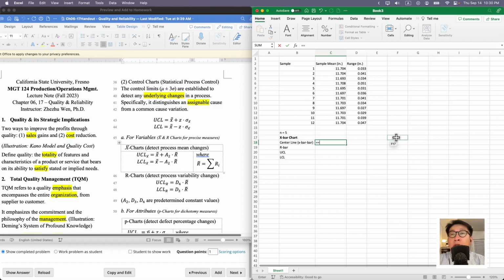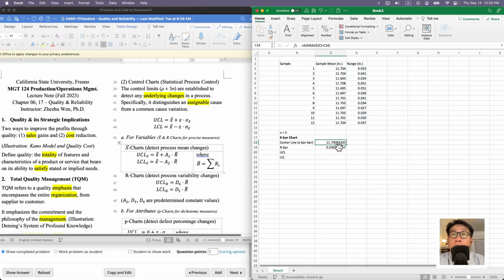So you are averaging all those averages, okay? Therefore, this can become a very reliable estimate of your process center. So the center line is established. And your R bar is the average of all the ranges. In this way, we got R bar.